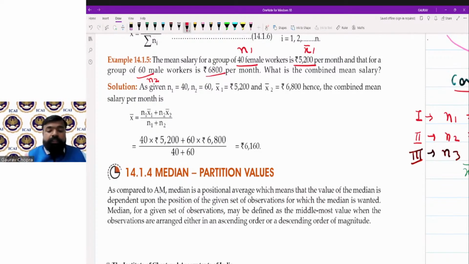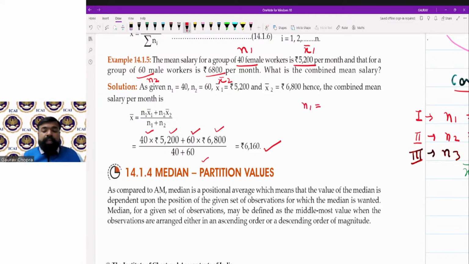So male is N2 and 6,800 per month is X bar 2. Now we have to find combined mean, X bar 1, 2. Now you can apply 40 into 5,200 plus 60 into 6,800 upon total. So you will get the average 6,160.